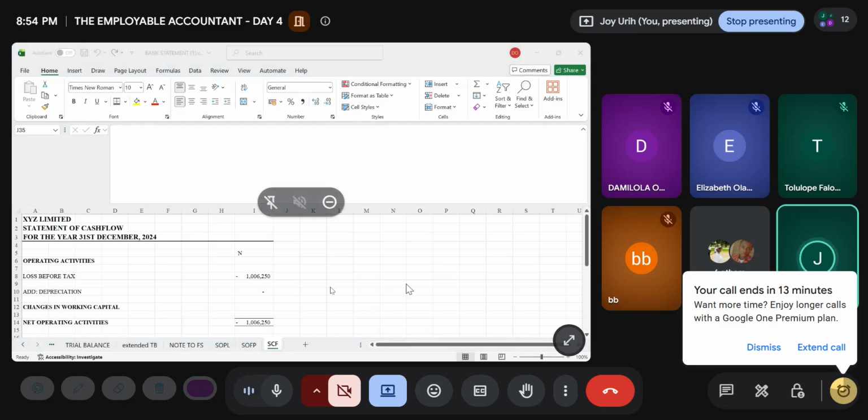So we have less than 6 minutes more. I would like to take questions now. If you have any question, we have come to the end of today's session. We are done with the preparation of the three major financial statements, and I believe we understood what has been done thus far. If you have any question, anything that you are not clear about, it is time for us to ask.